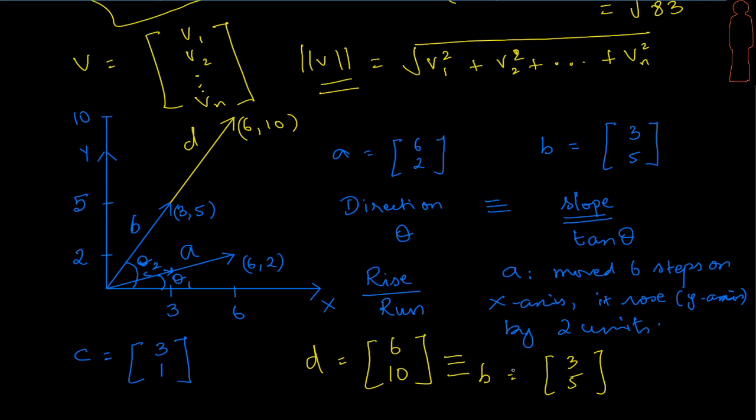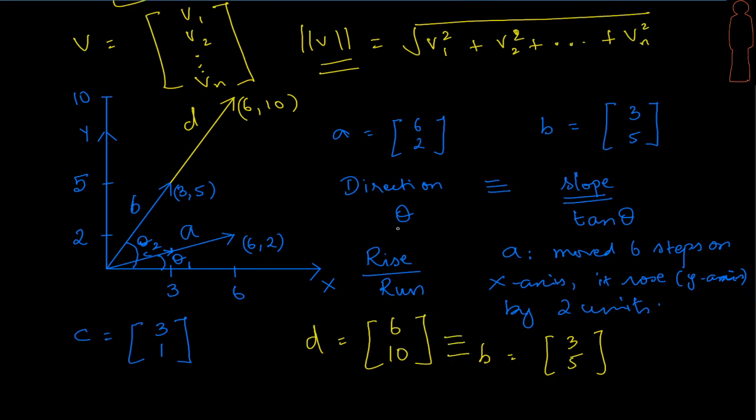So these two are in the same direction. The difference between D and B is only in their magnitude. Again, pick up the scalar 2, multiply it here, you will get it here. So this gives us a rough idea of what direction is, and that it is very well related to slope. That is why we spent a few minutes on this concept.